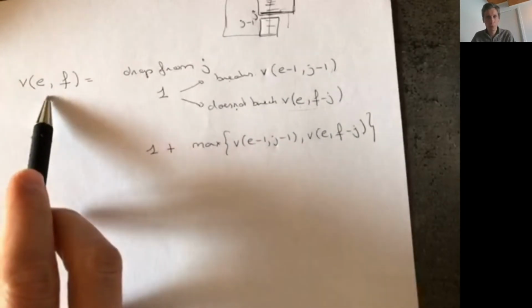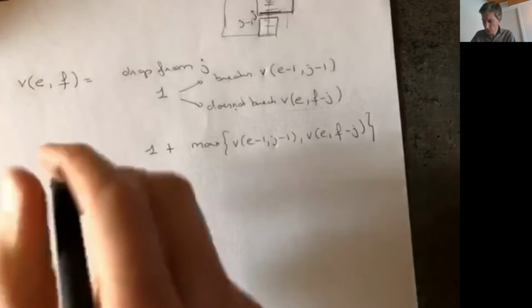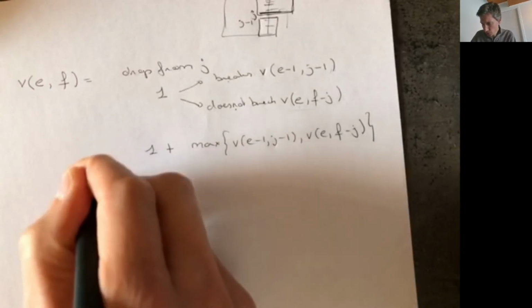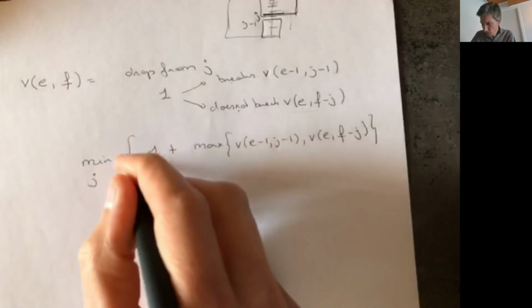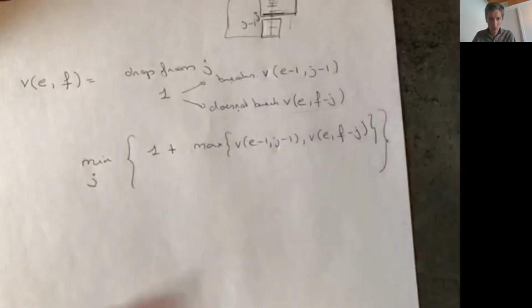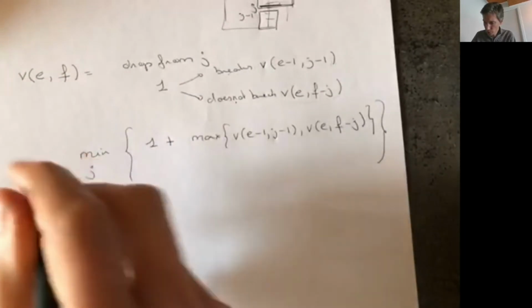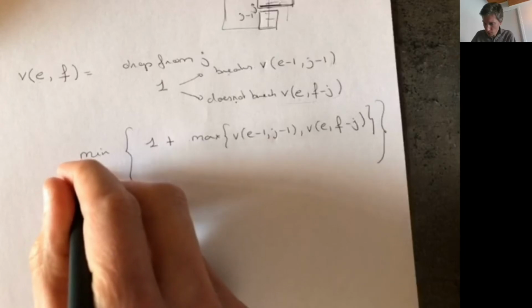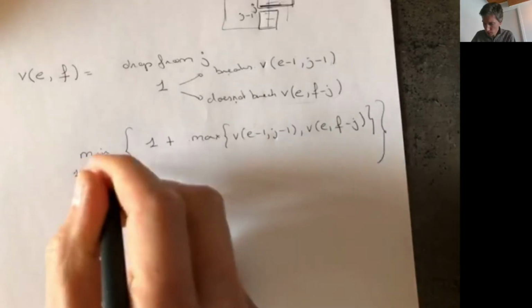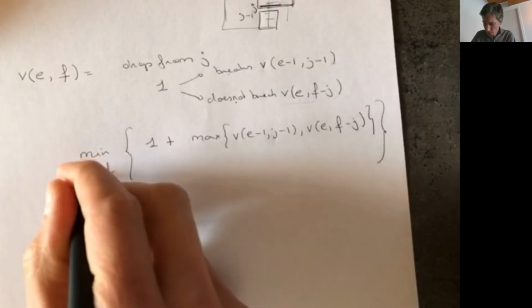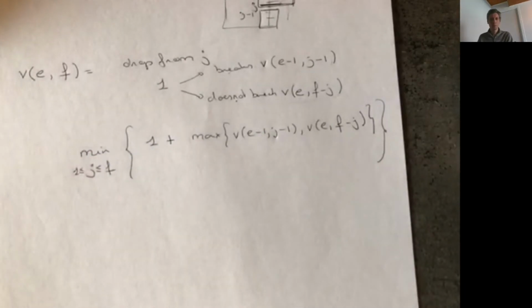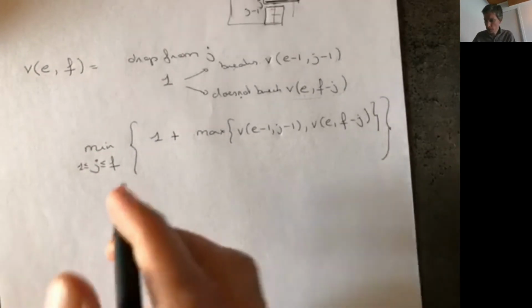I want to know the minimum number of trials that I need to do. So I'm going to choose the floor j that minimizes this expression. Okay, and j is going to be between 1 and f. Okay, that's basically my Bellman equation.